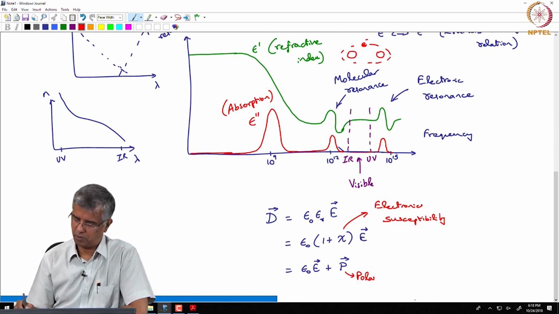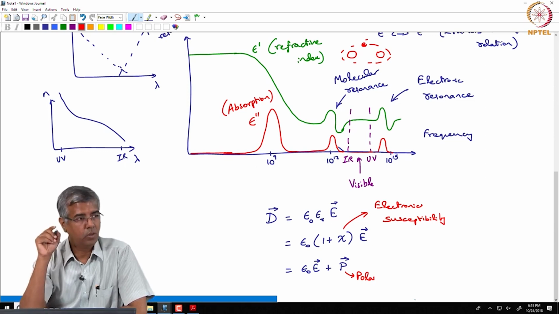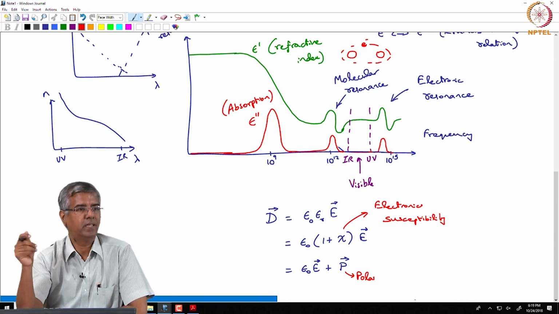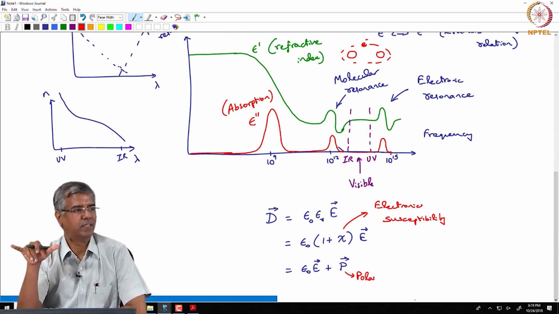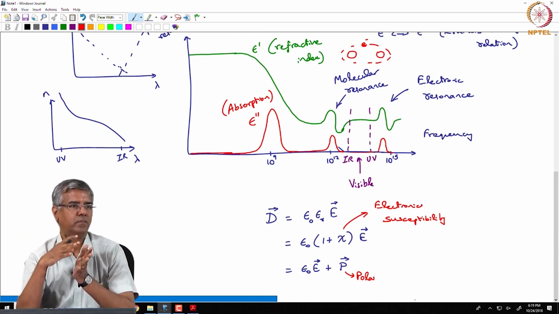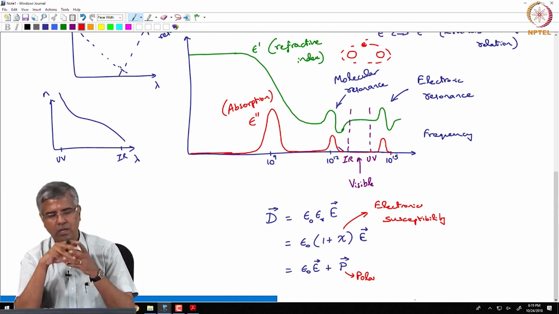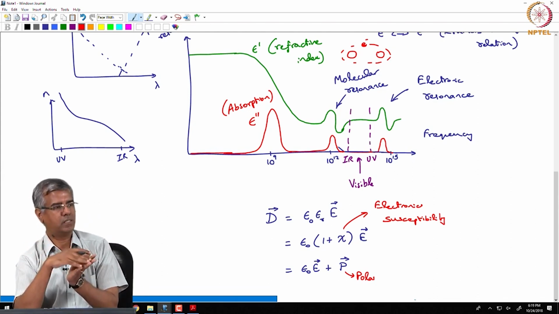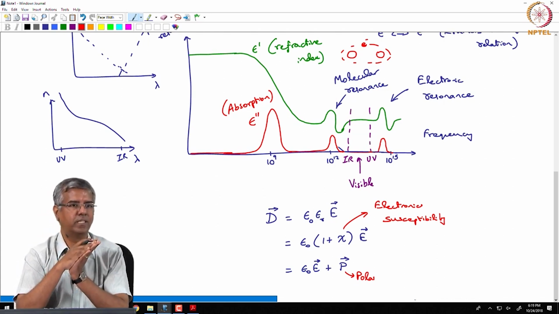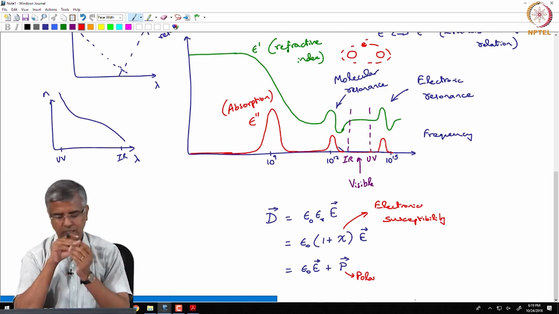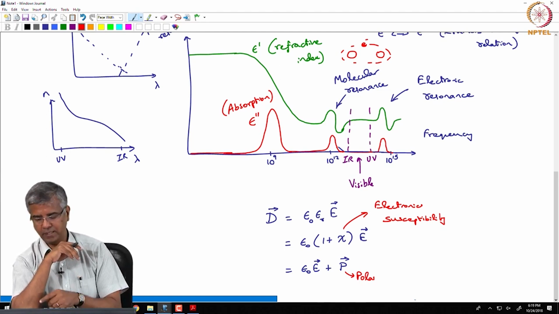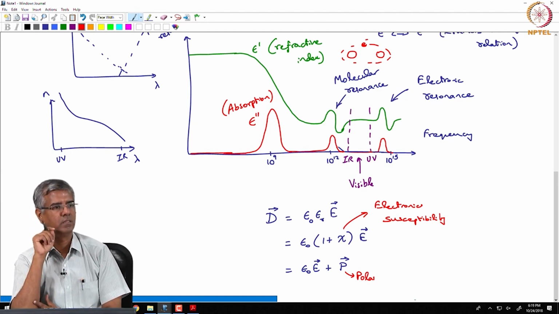Why are we calling this polarization? It denotes the polarizability of the medium. If I apply an electric field, how well does the medium align to that electric field, or how well do these orbitals align to that applied electric field? This final term is representing that.